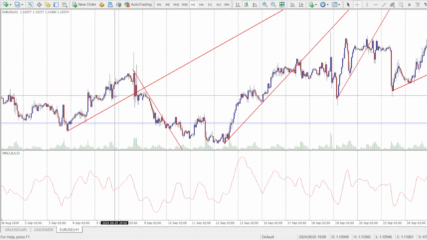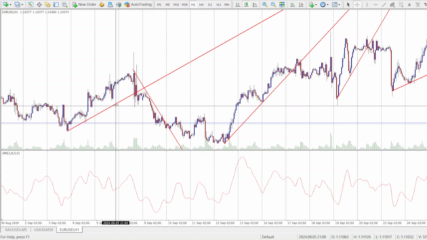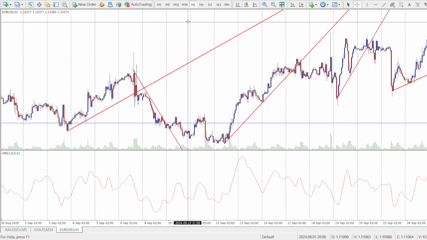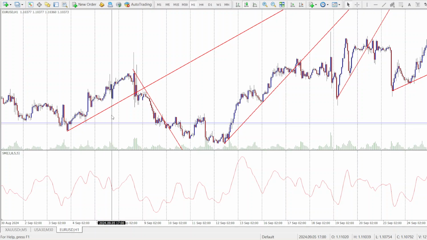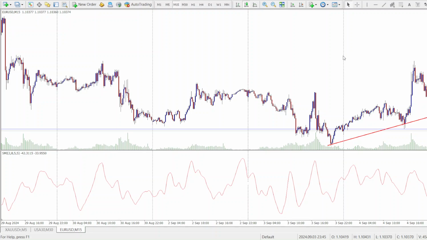Okay, so as the price of Euro USD came close to the trend line, we can go to a smaller time frame just to observe when the price started giving sign of moving up.